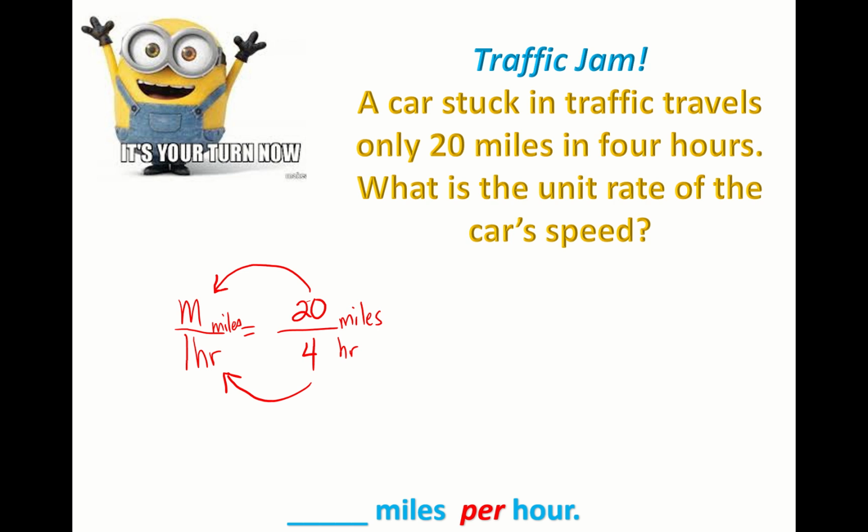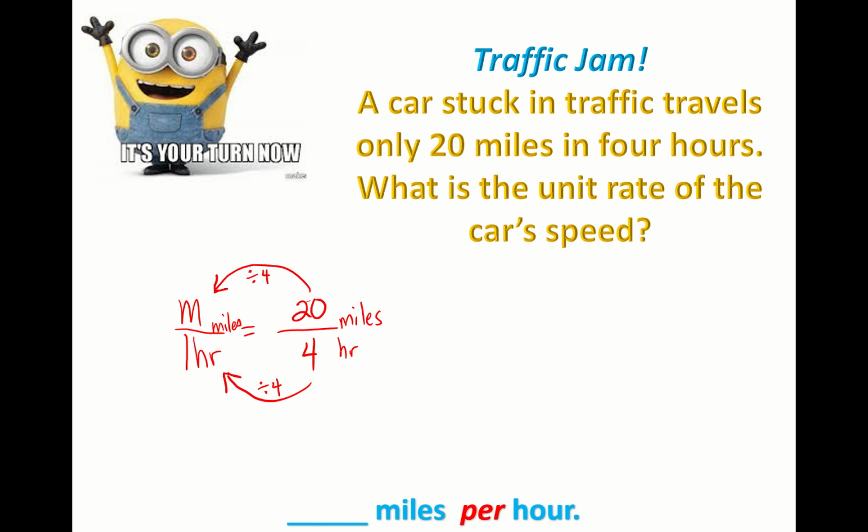And I can't compare that 20 to M. So I'm going to look down here. And I know I can go from 4 hours down to 1 hour by dividing by 4. So if I divided by 4 down there, I need to divide by 4 up here.